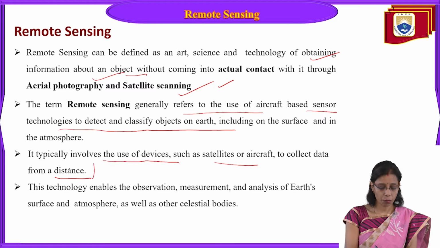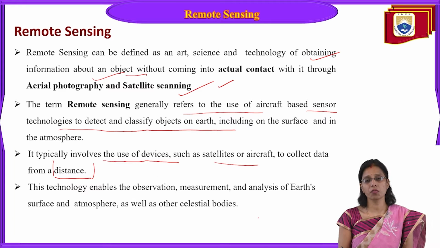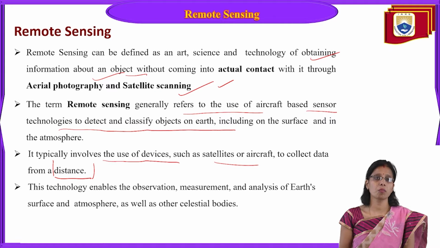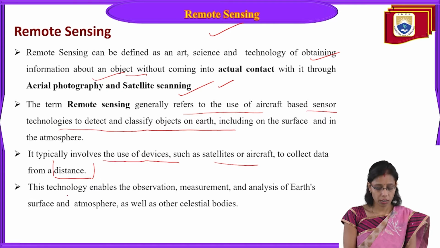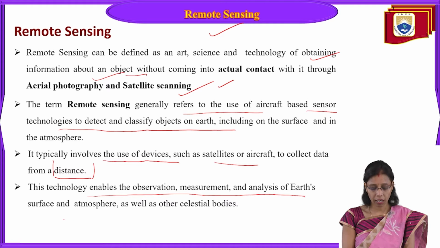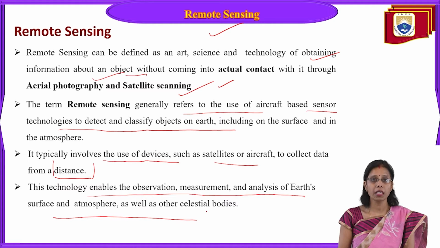Remote means a distance, so wherever the areas we are not able to reach, the unreachable areas like villages, mountain areas, very remote areas, those kinds of areas are captured with the help of remote sensing. It is a technology with the help of satellites and sensors by which we are able to acquire the information of ground objects. This technology enables the observation, measurement and analysis of the Earth's surface and atmosphere as well as other celestial bodies.